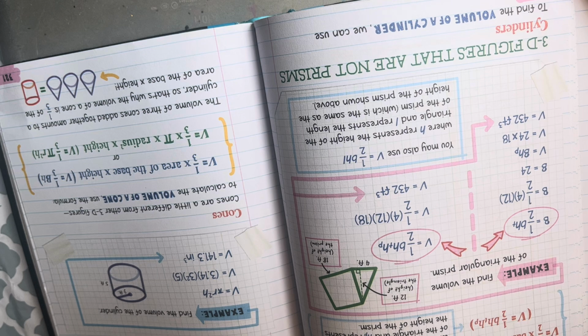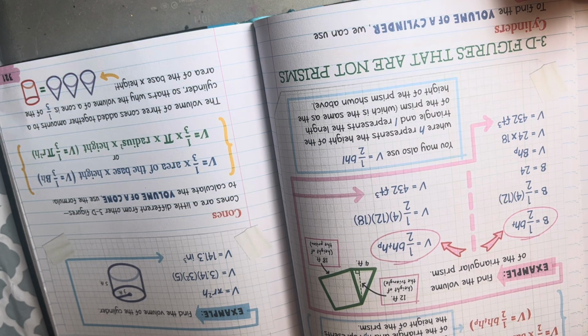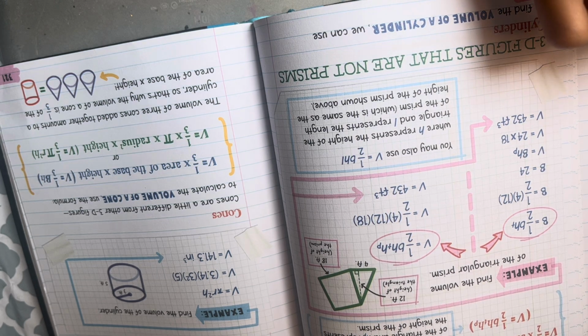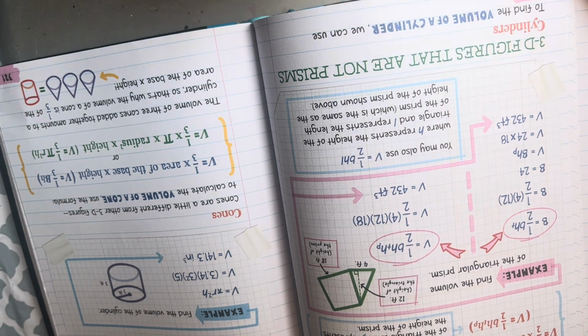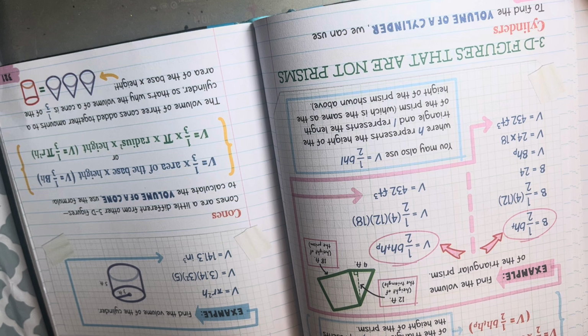Triangular prism. For the same reason, in order to find the volume of a triangular prism, we can use V equals base times height of the prism, or V equals 1/2 times base times height of the triangle times the height of the prism.